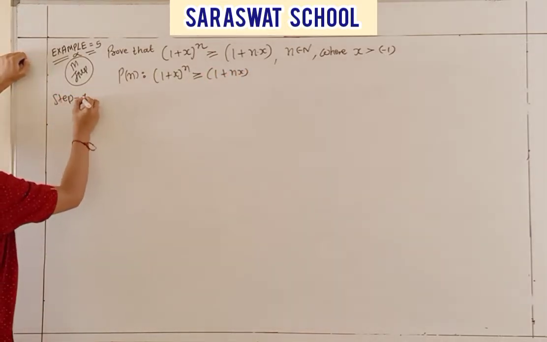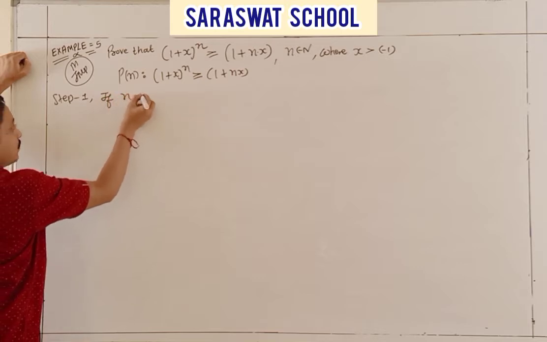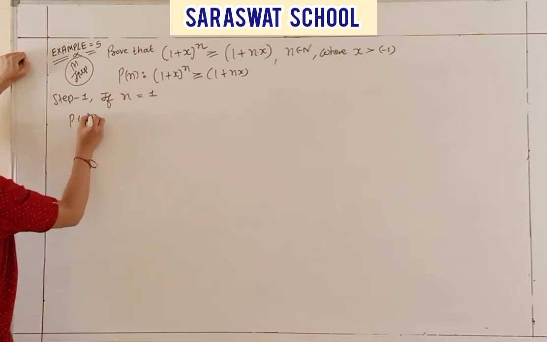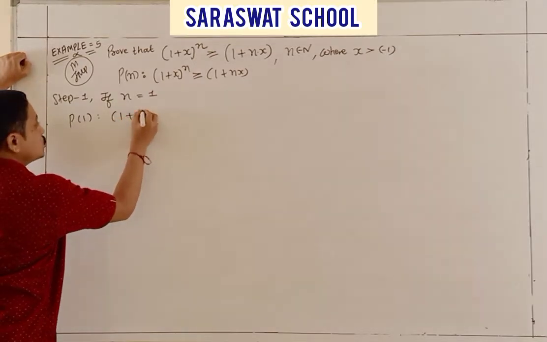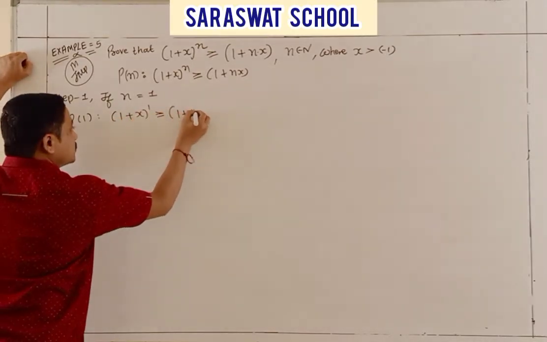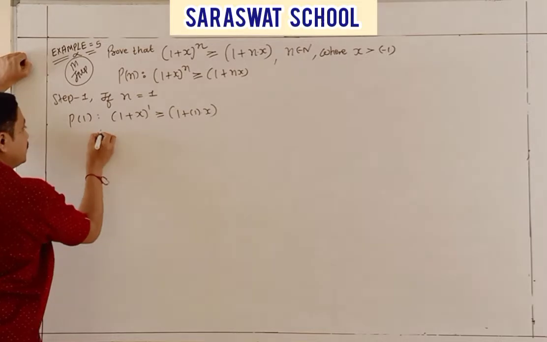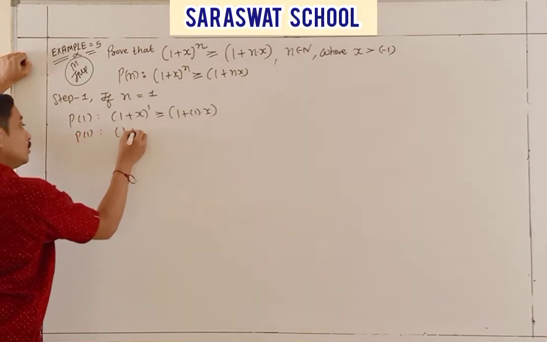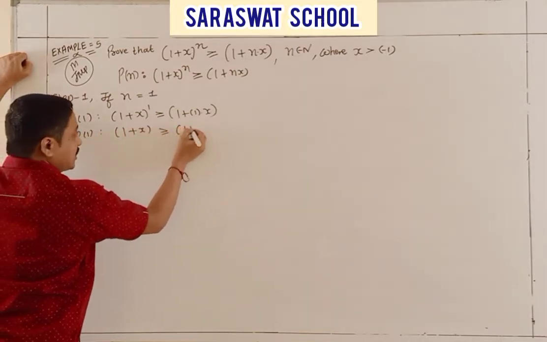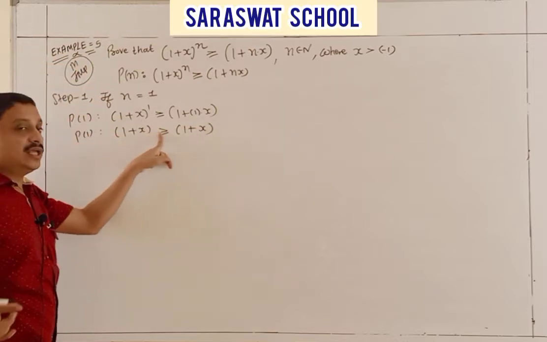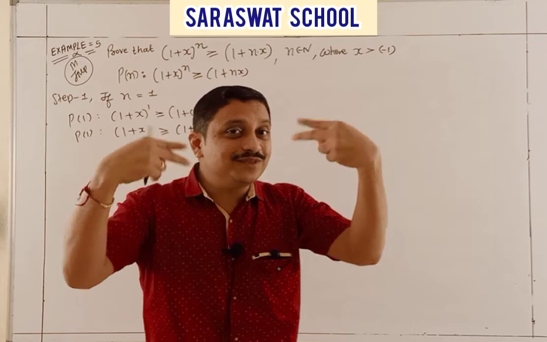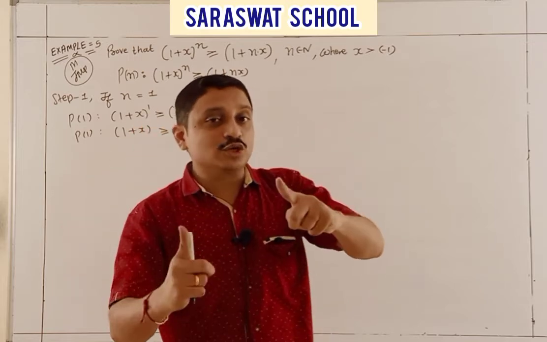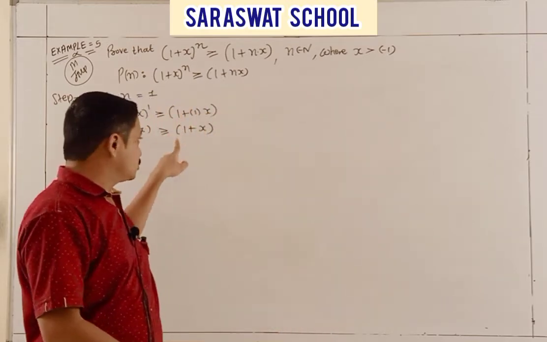If n is equal to 1, apply that. P(1): you put 1, 1 plus x raised to 1 is greater than or equal to 1 plus 1 into x. Check it down. Is it true? Yes students, here two meanings are given: one is greater than, one is equal. Either one is true, it means this statement is true.